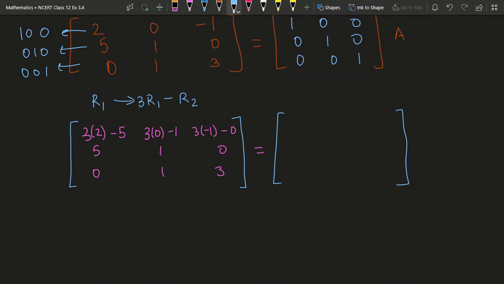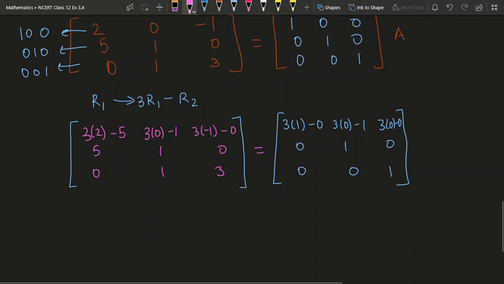So you have to do 3 times 1 minus 0, 3 times 0 minus 1, and 3 times 0 minus 0, and all other rows are just written as they are. If you compute these, 3 times 2 minus 5 is 1, 3 times 0 minus 1 is negative 1, 3 times negative 1 minus 0 is negative 3. And on this side, of course, there is an A right there.